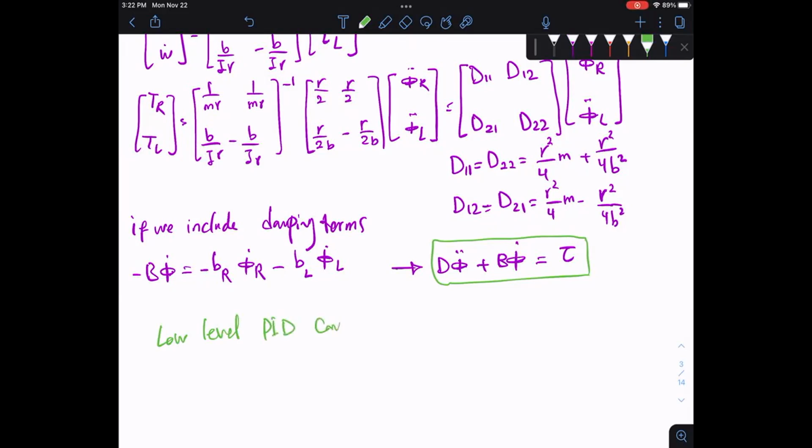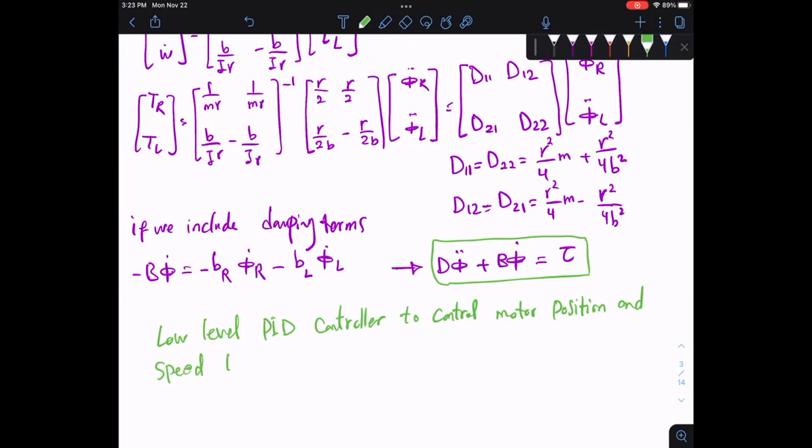And which allow us to control motor position and speed.